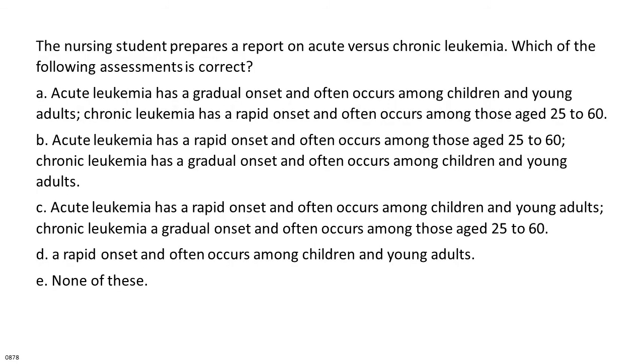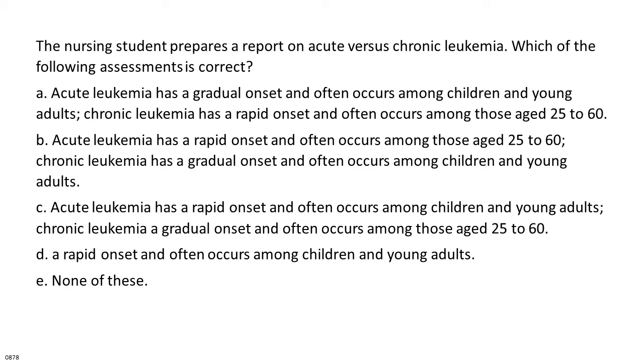The nursing student prepares a report on acute versus chronic leukemia. Which of the following assessments is correct? A. Acute leukemia has a gradual onset and often occurs among children and young adults. Chronic leukemia has a rapid onset and often occurs among those aged 25 to 60. B. Acute leukemia has a rapid onset and often occurs among those aged 25 to 60.